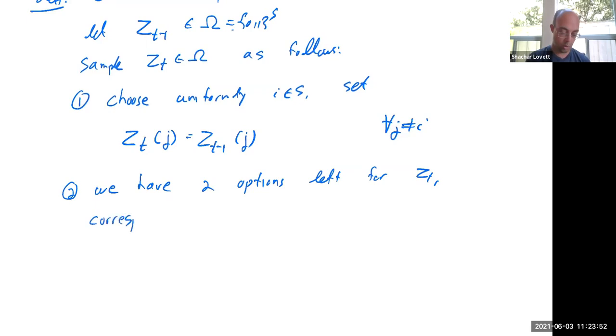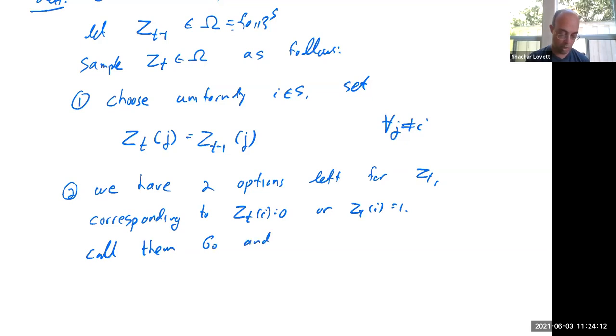corresponding to setting Z_t(i) equals 0 or Z_t(i) equals 1. Right, here are the 2 options I have left. Only 2 options. Let's call them for simplicity sigma 0 and sigma 1. So sigma 0 and sigma 1 are the 2 options for Z_t, which again are the same as Z_{t-1} except that for sigma 0, I set the ith equal to 0, and for sigma 1, I set the ith equal to 1.